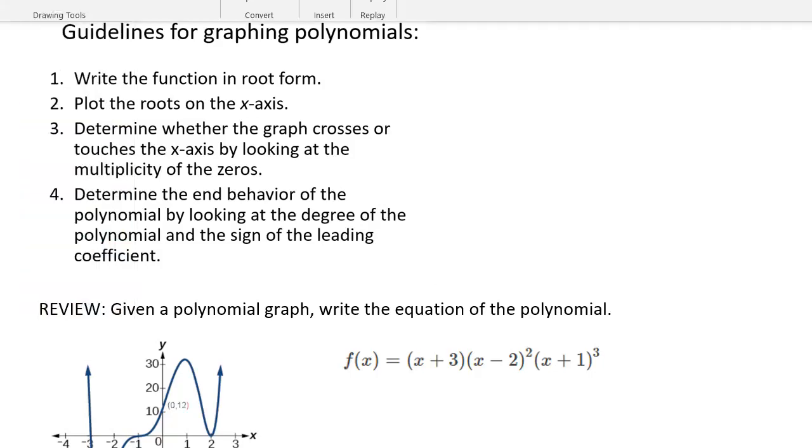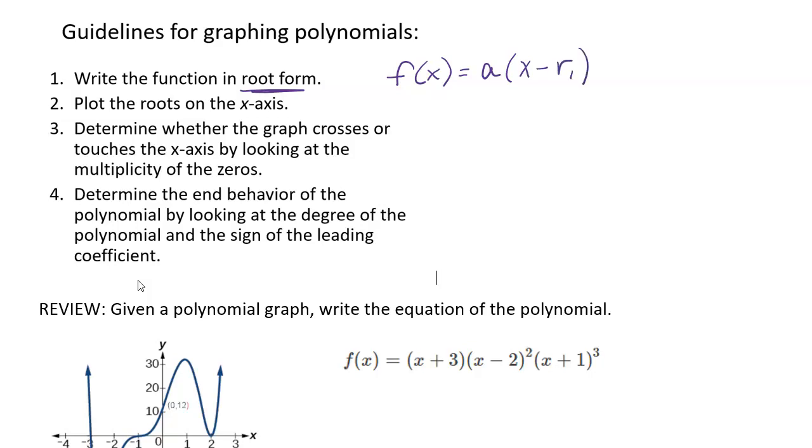When we're graphing polynomials, we've got these steps that you want to follow. You want to make sure that your polynomial is written in what we call root form. Root form is where you have your leading coefficient in the front, and then you have x minus r sub 1 to the m, where r sub 1 is your first root, or any of the roots, which are like zeros, and m is your exponent.